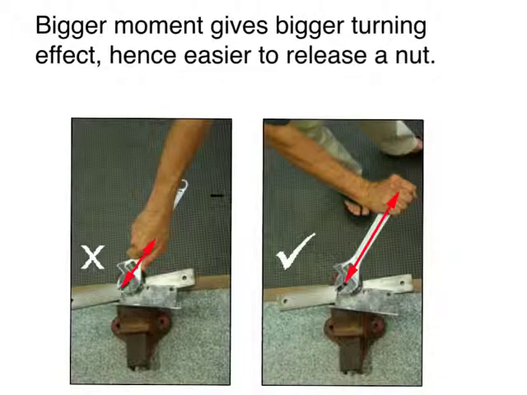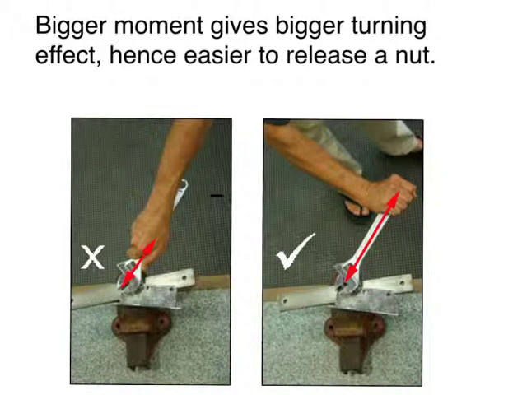You wouldn't want to turn the spanner as indicated in the left diagram because the distance between the pivot and the force is very small and it gives you a smaller moment. The nut cannot be released easily because you provide only a small turning effect. Can you release the nut if you insist on turning the spanner at the same point?